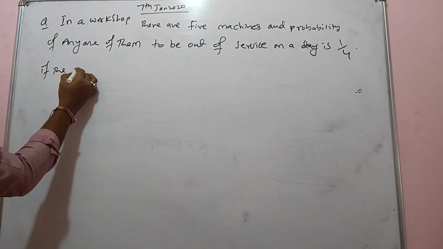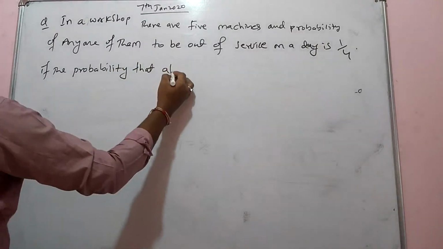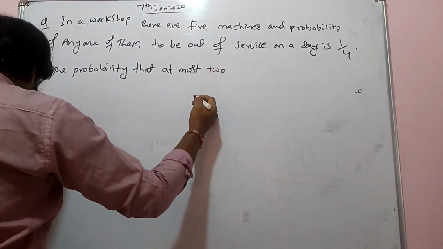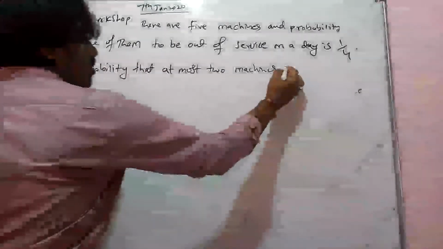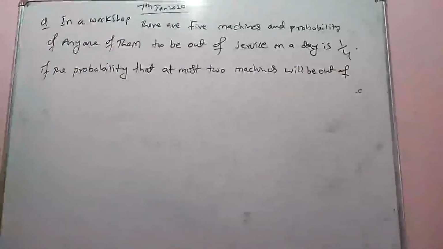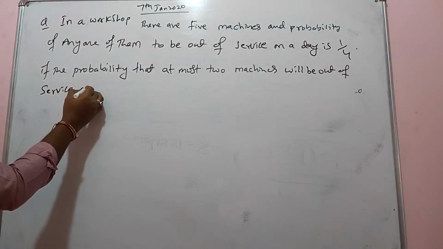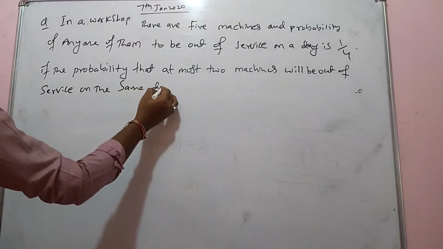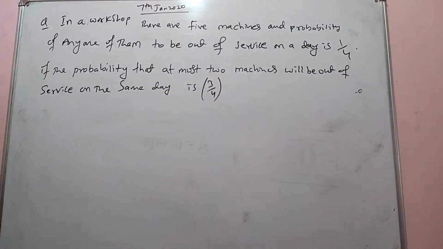If the probability that at most 2 machines will be out of service on the same day is 3 by 4 whole cube into k, then k is equal to dash.